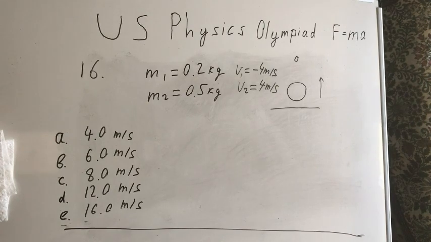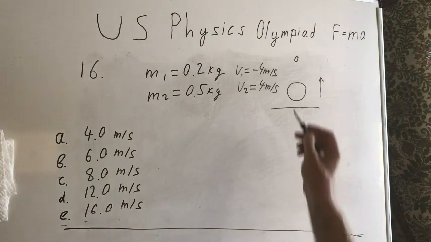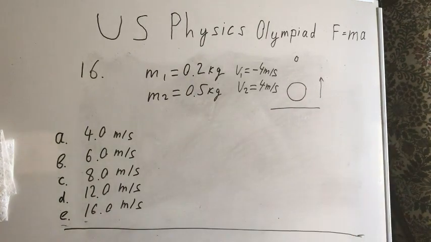The basketball hits the ground, rebounds with the speed of 4 meters per second, and collides with the baseball as it is moving downward at the same speed, 4 meters per second. We choose the up direction as positive. So it means that the initial velocity of the baseball is negative.